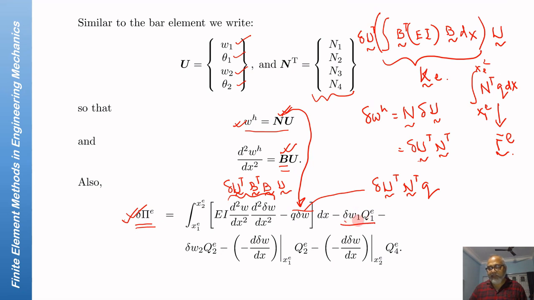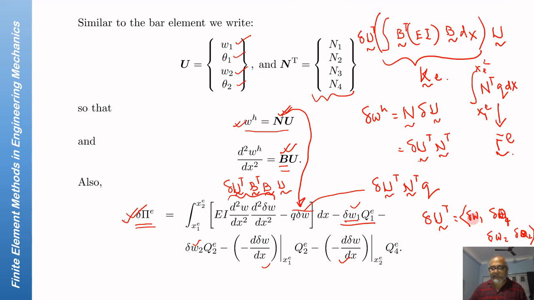So del W1, del W2, W3 and W4, they constitute, sorry, this is del W1, del W2, this is theta 1, del theta 1, del theta 2. So this part you can write as del U transpose, which is equal to del W1, del W2, or we can write it as del W1, del theta 1, del W2, del theta 2.